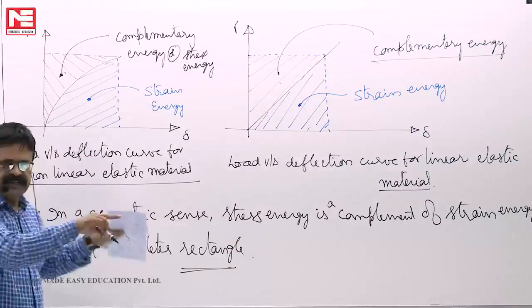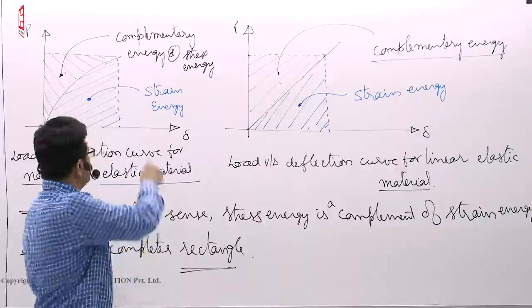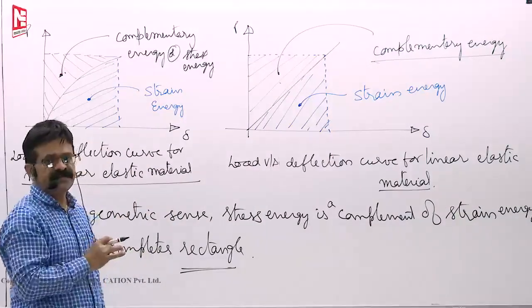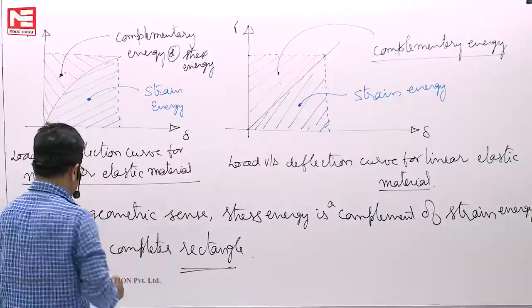That's what you have studied in your mathematics also: complementary angles, complementary areas or complementary regions. So if this is one curve, the inverse of that curve gives the area like that.